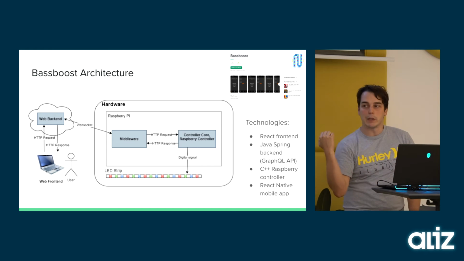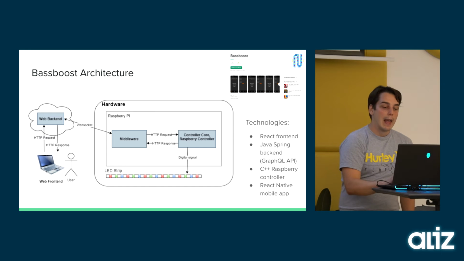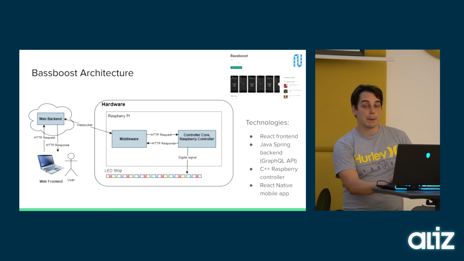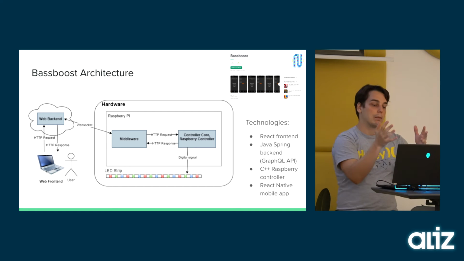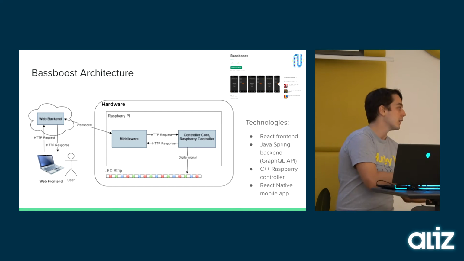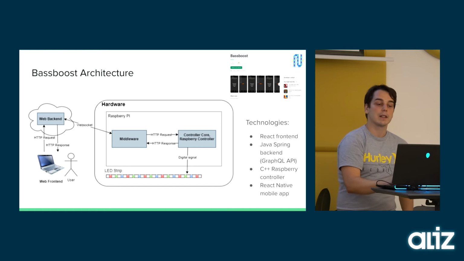So I switched to Raspberry Pi. And yeah, so there's a C++ application running on the Raspberry Pi, which basically gets this JSON descriptor and converts it to digital signal. That's how the C++ application works.